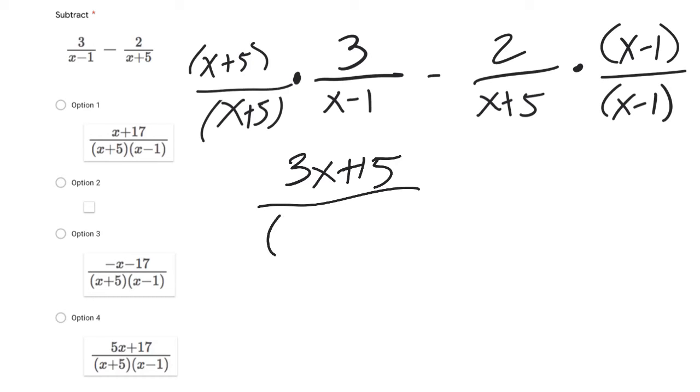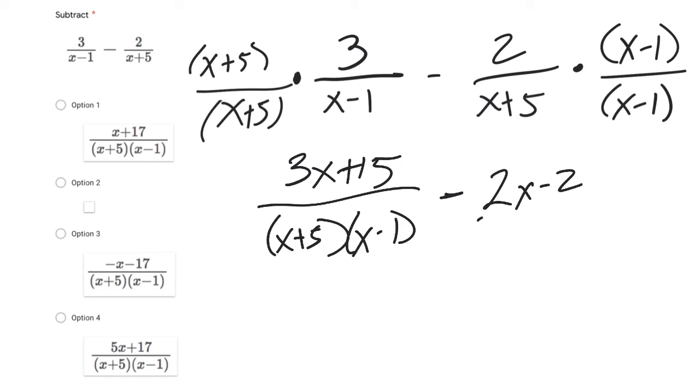I'm going to bring down my x plus 5 times x minus 1. And then I have minus 2 times x minus 1, which is 2x minus 2, over, and then I'm going to bring down my x plus 5 times x minus 1.